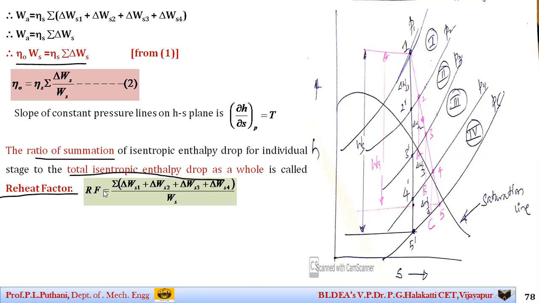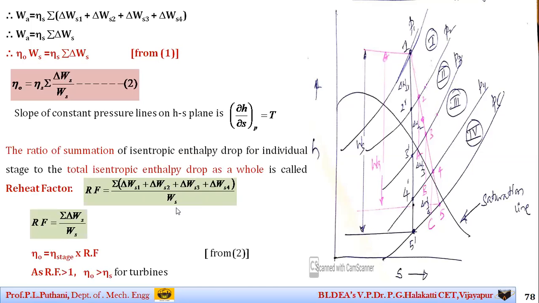As I said, it is the summation of the isentropic enthalpy drops, delta Ws1 plus delta Ws2 plus and so on, taking the individual ones together, to the total whole, which is Ws. So RF is equal to the summation of delta Ws by Ws. Or I can write it in this form: overall efficiency is equal to stage efficiency into reheat factor, where the reheat factor is always greater than 1 and the overall efficiency is always greater than the stage efficiency for the turbines.